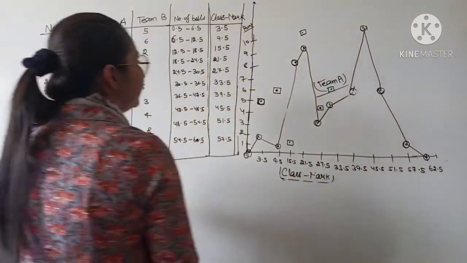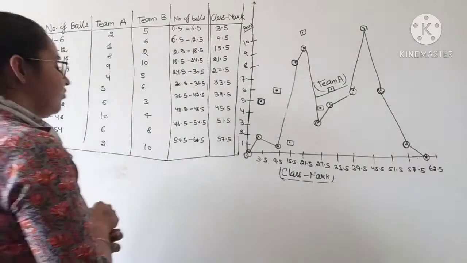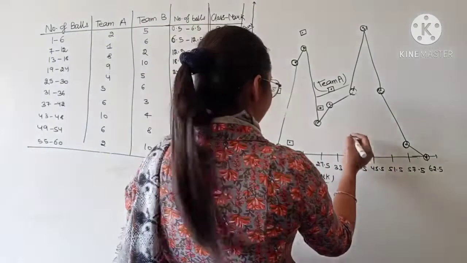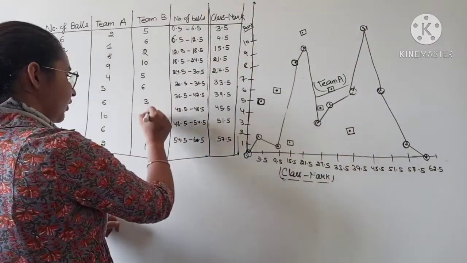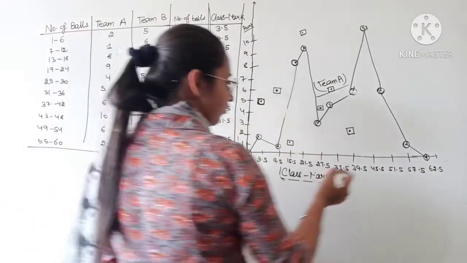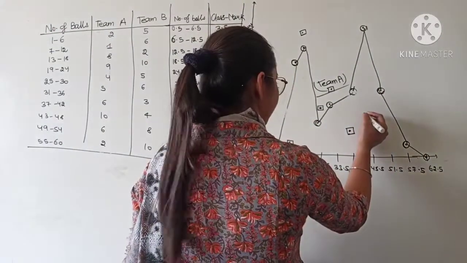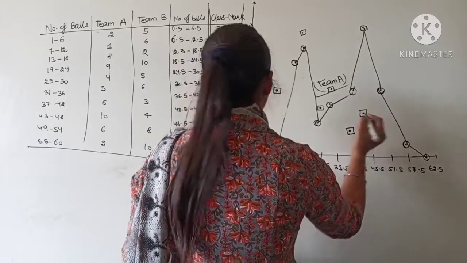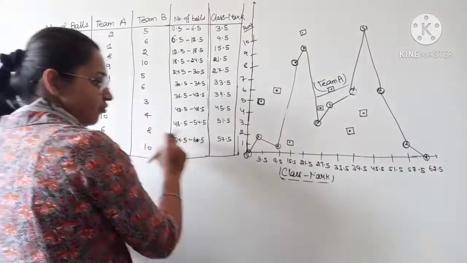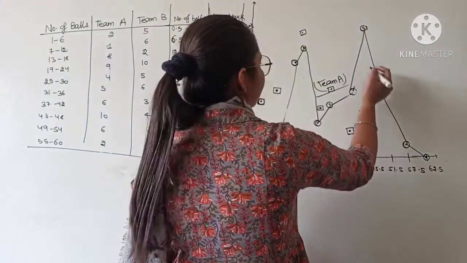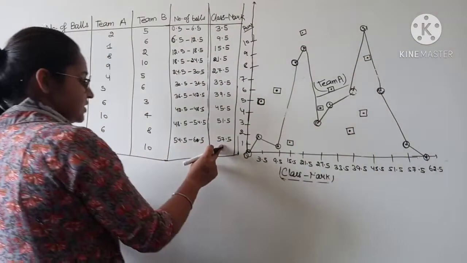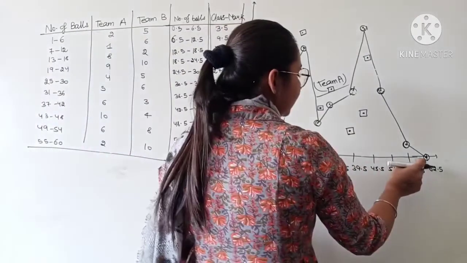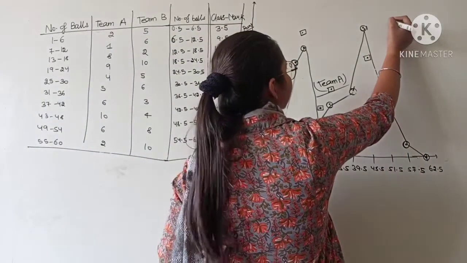Then 39.5 with 3. Then 45.5 with frequency 4. Then 51.5 with frequency 8. And last is 57.5 with frequency 10.